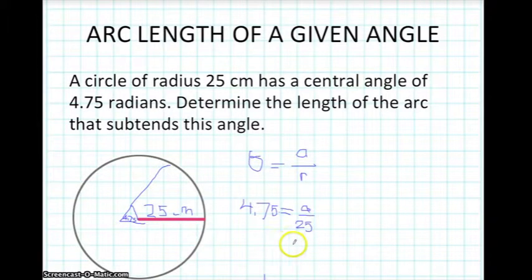So we just have to multiply 4.75 by 25 to find out the arc length.